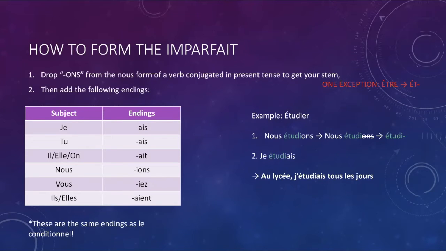Nous étudions. Now let's drop off that -ons to get our stem, étudi-. Now let's figure out what subject we're going to use and add our ending. So, j'étudiais. In a complete sentence: au lycée, j'étudiais tous les jours.